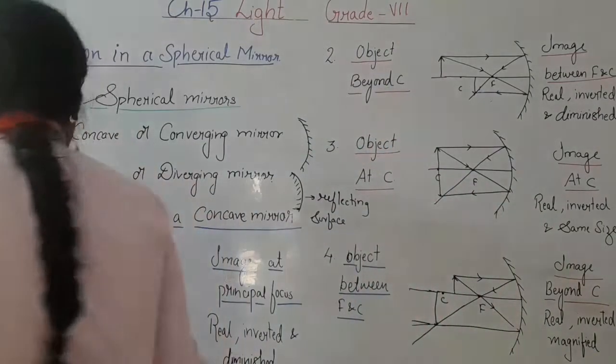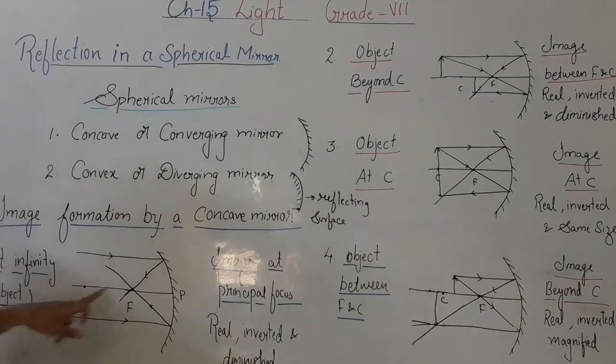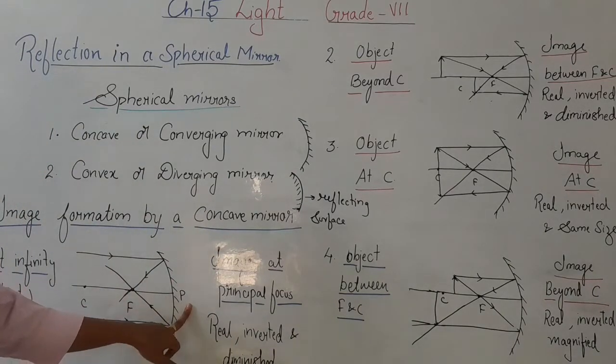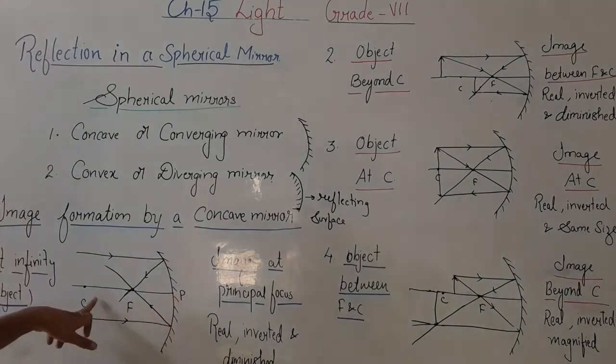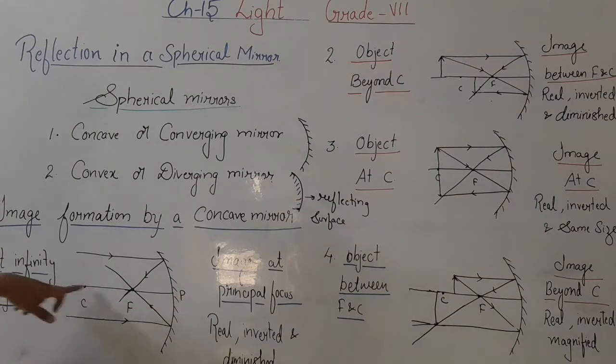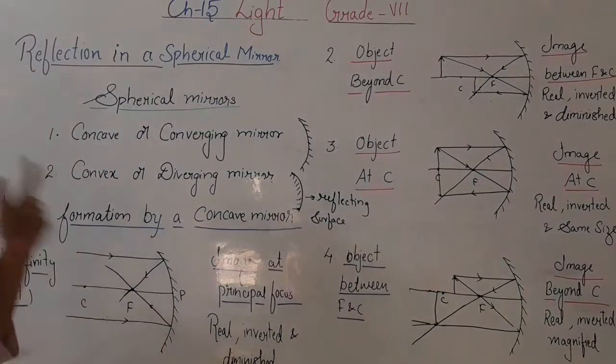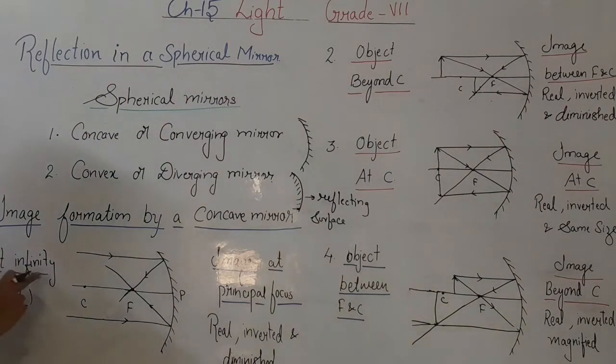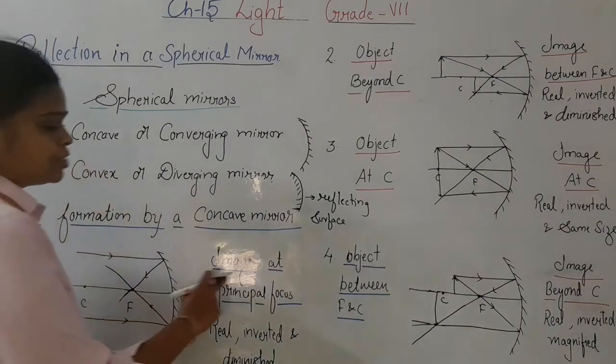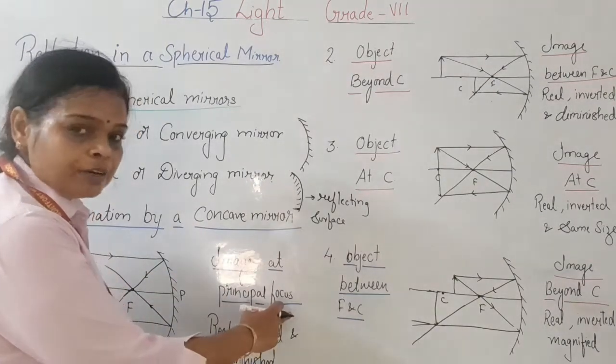F is focus, C is center of curvature, and P is pole. We have three points, and the line which passes through the center of curvature, focus and pole is called the principal axis. When the object is at infinity, the image formed is at the principal focus.